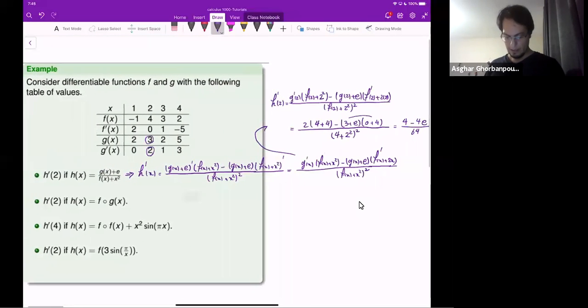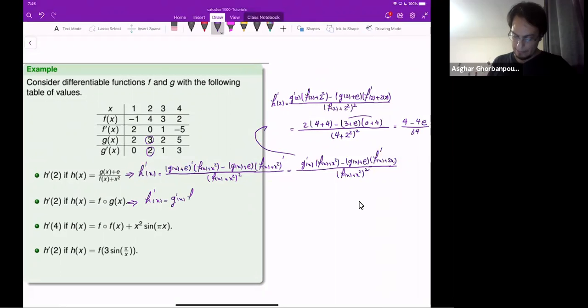Okay. How about f of g? Well, h prime of x is going to be the derivative of the inner one times the derivative of the outer one evaluated at the inner one. And when you set x equal to 2, then we have g prime at 2 times f prime at g of 2.